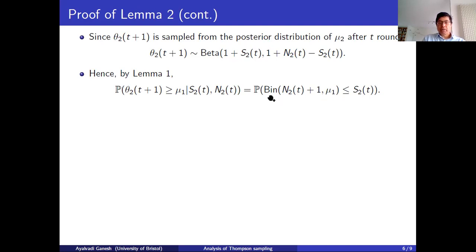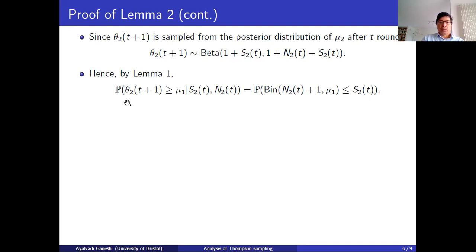And then the probability the beta exceeds mu1 is the probability that the binomial is smaller or equal to S2. This is what lemma 1 gave us. So I'm just spelling it out.